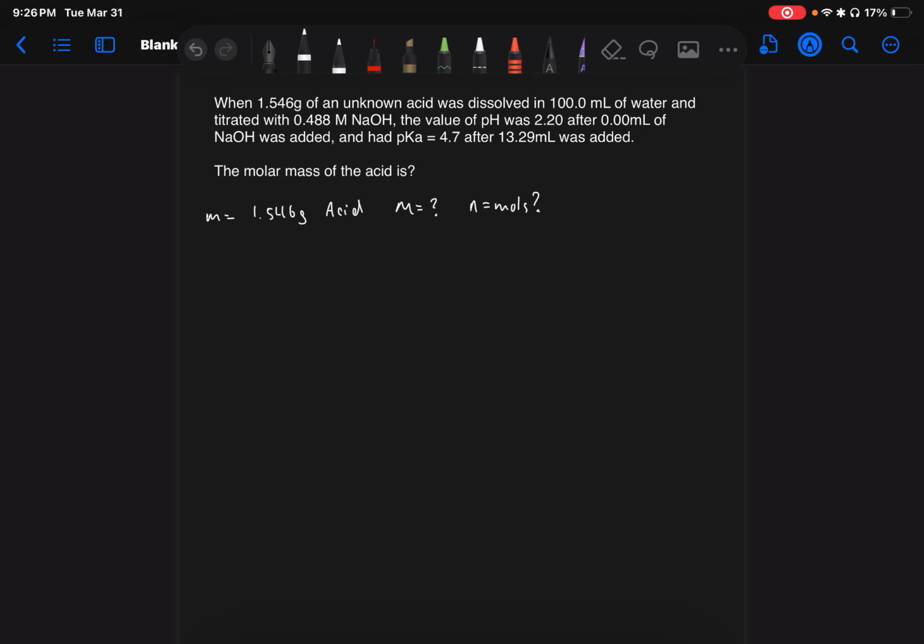Well, we need to find the equivalence point, because this is a titration, yeah? So we need to find out at what point the equivalence point is. And if we found the pKa, it had a 4.7, the value of the pH was 2.20 after 0 mL of NaOH was added, and it had a pKa of 4.7 after 13.29 mL.